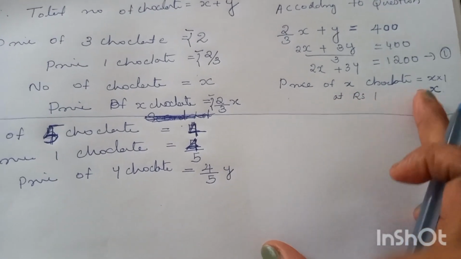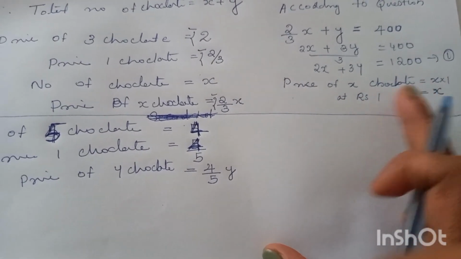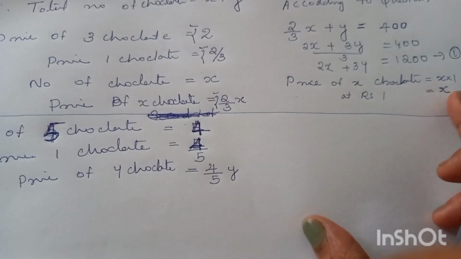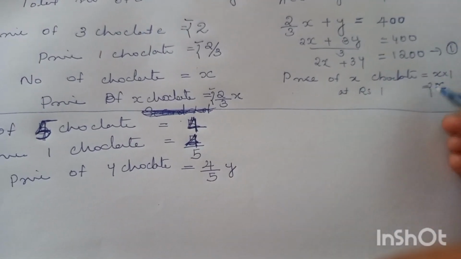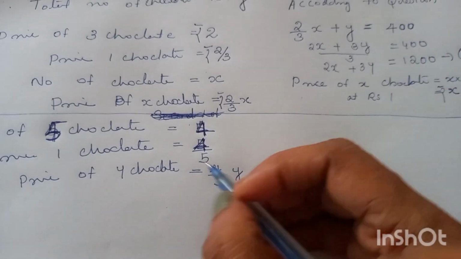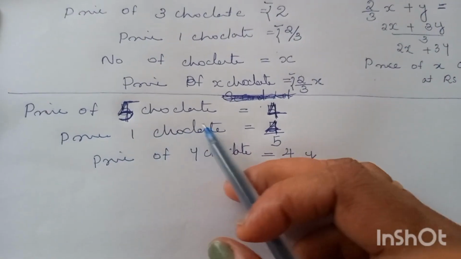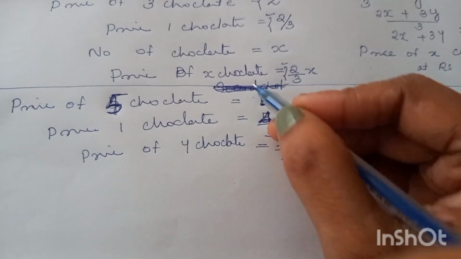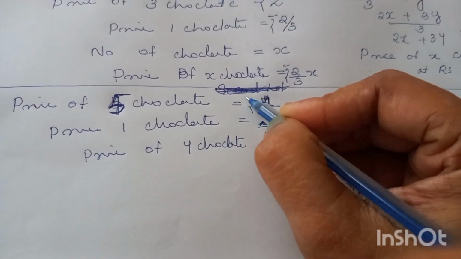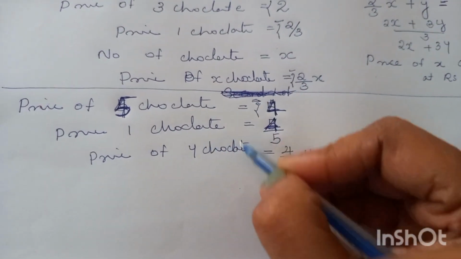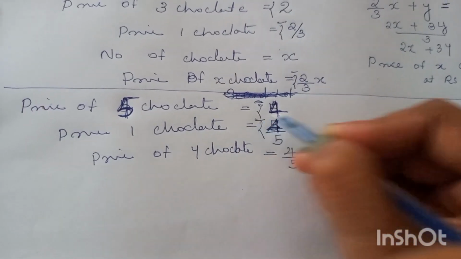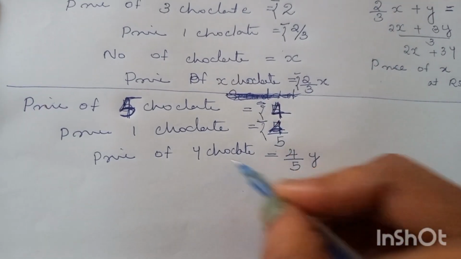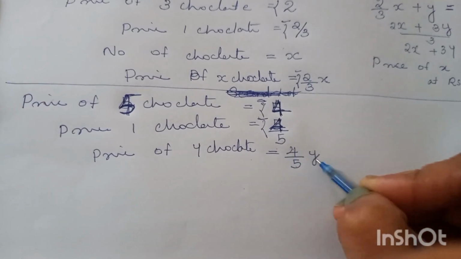Now, the price of X chocolates at rupee 1 each is equal to rupees X. Then the price of 5 chocolates is equal to rupees 4, and the price of 1 chocolate is equal to 4 by 5 rupees.